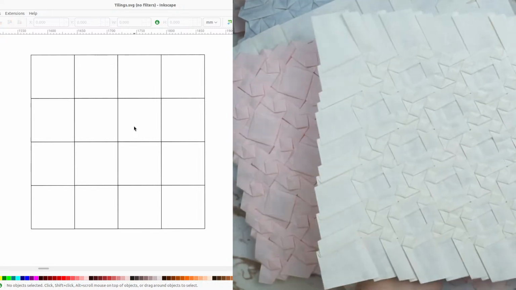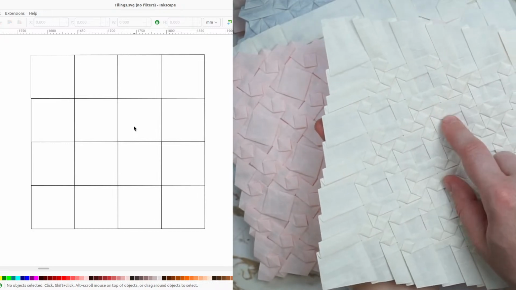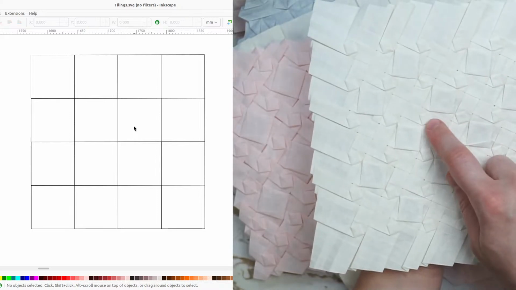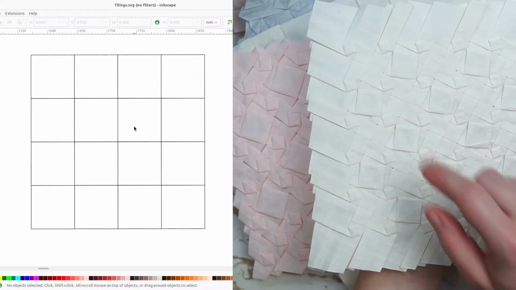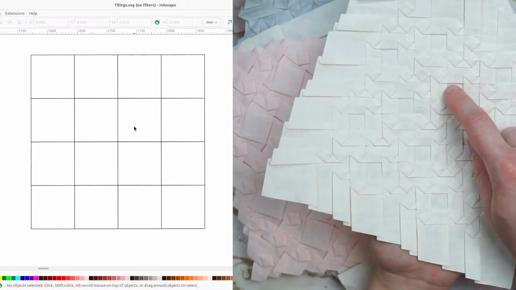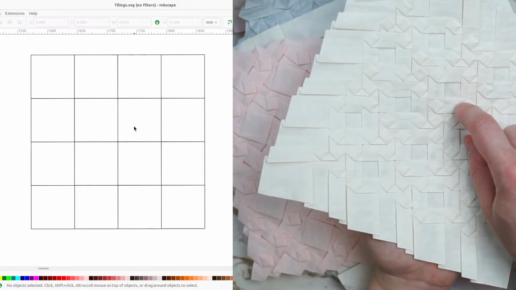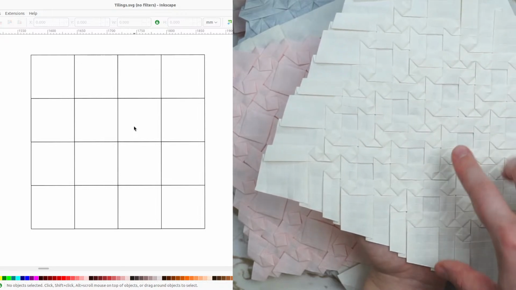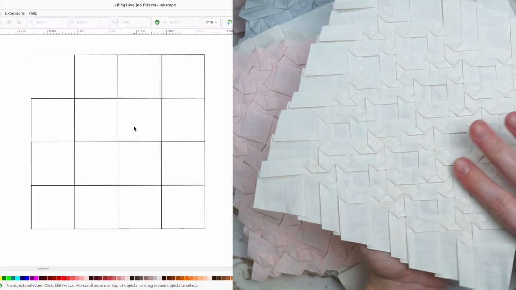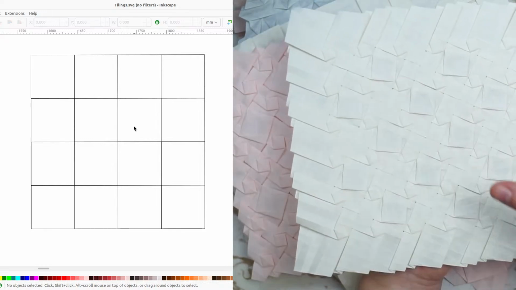So here I have all closed square twists on this side, and flipping over I have closed and double open square twists. So it's called double open because it makes these holes on the back that are 2 grid spacings per edge. The closed twists make these closed holes.